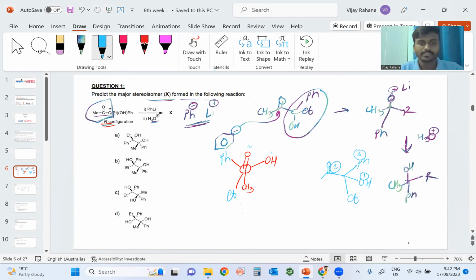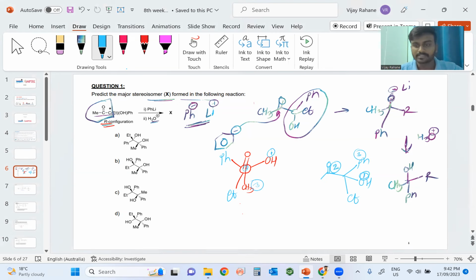Now we'll do the attack of the nucleophile. But see what will happen here. It is a lithium ion. In the numbering, I'm not giving the number to the oxygen, sorry, it's to the carbonyl carbon. This carbon will be two, and this will be three. So one, two, three. I'm considering this carbon as two.